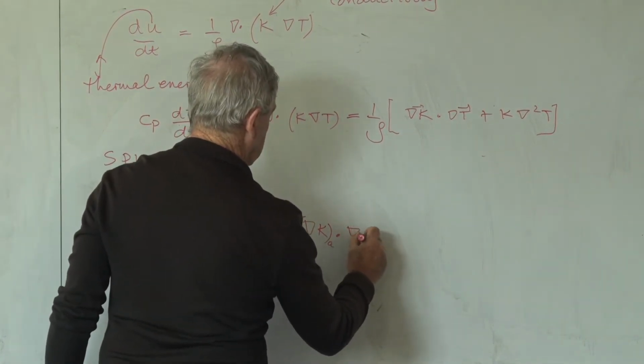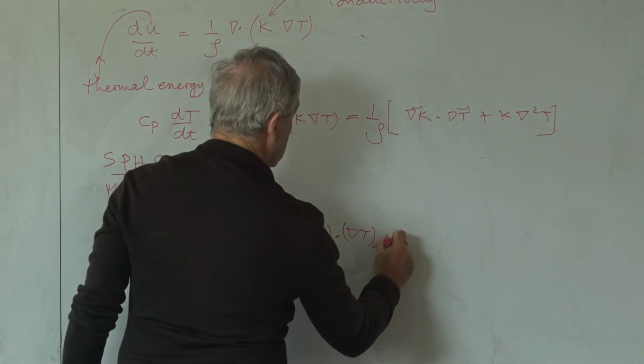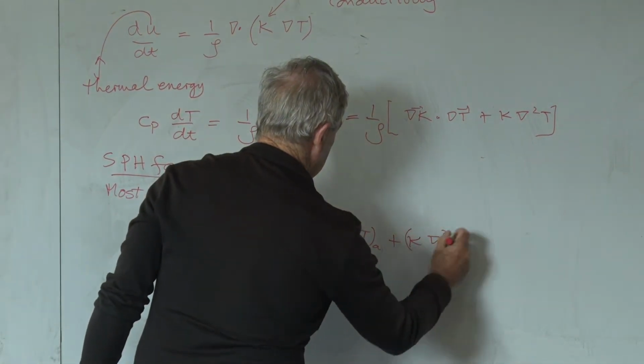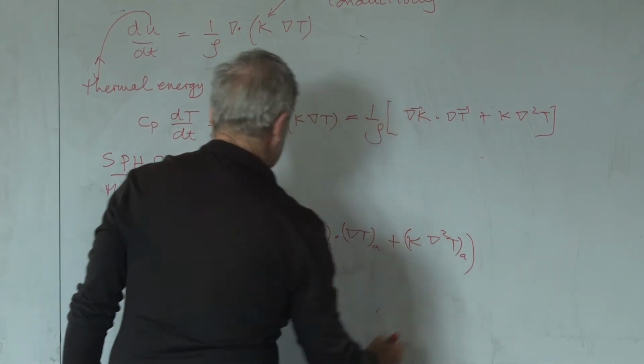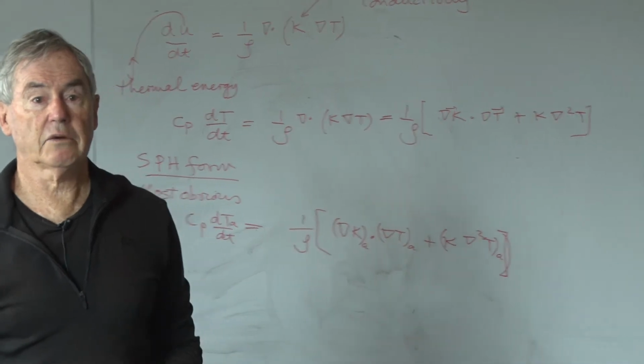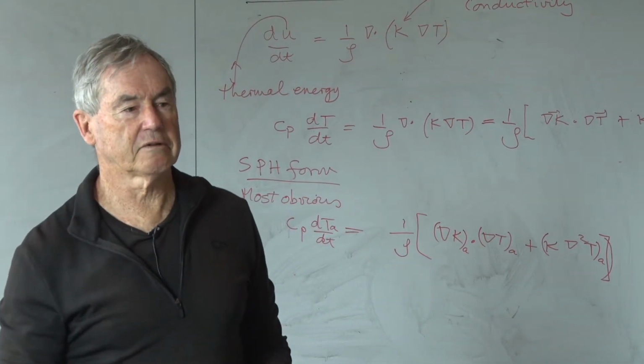I won't go into that. I want to look at the second derivative term up here. So the question that I want to raise with you is how do we find, what's a good way to find the second derivative?